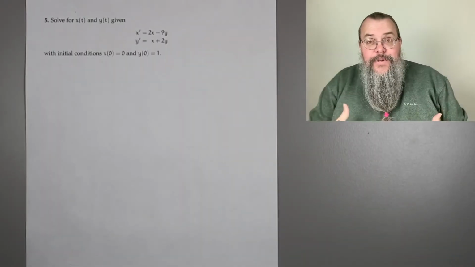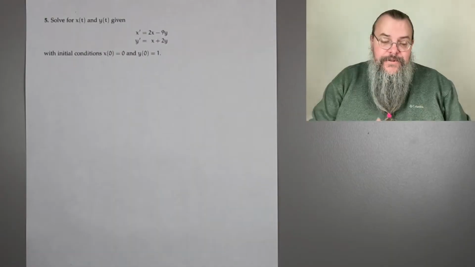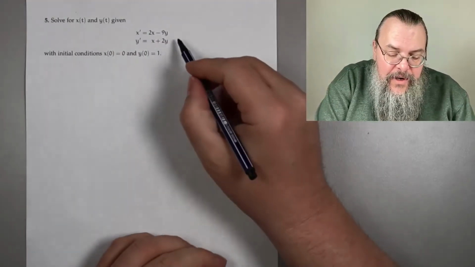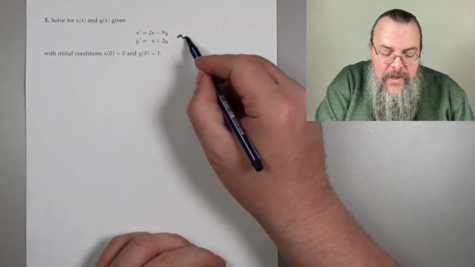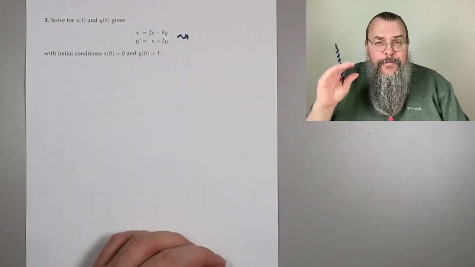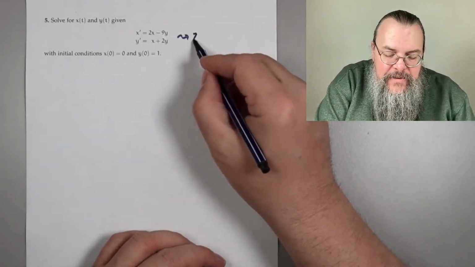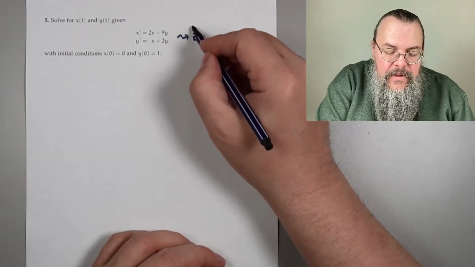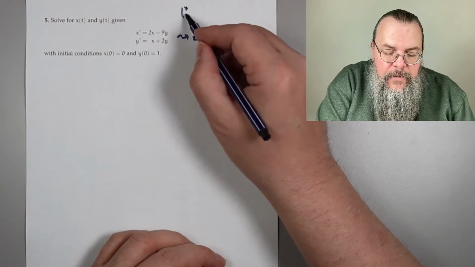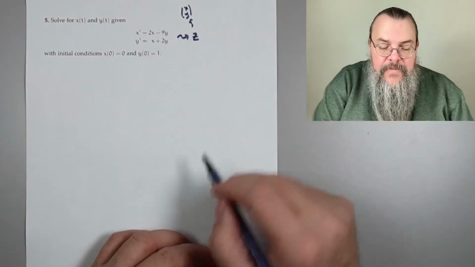Now, I like to put things into matrix form so we can use matrix tools. Those matrix tools aren't bad once you get the hang of them. Since we already have x and y, to help limit my confusion, I am going to write this as z. So I'm thinking of z here. This is a vector where x is on top, y on the bottom.